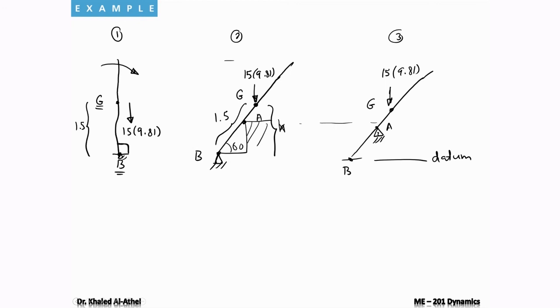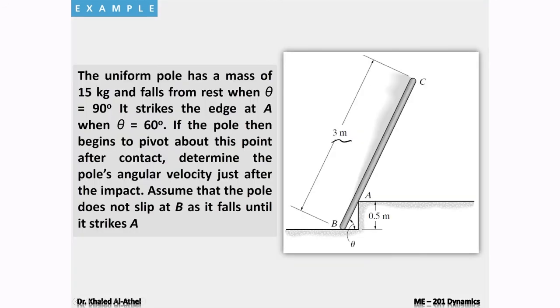Now, I need the distance. I need this distance. Okay, so first of all, this one is 1.5. We know it already. And this one is basically, you have the angle given to you, and the distance here is given.